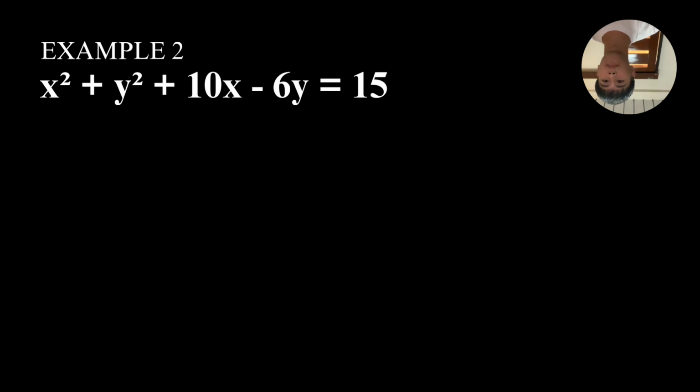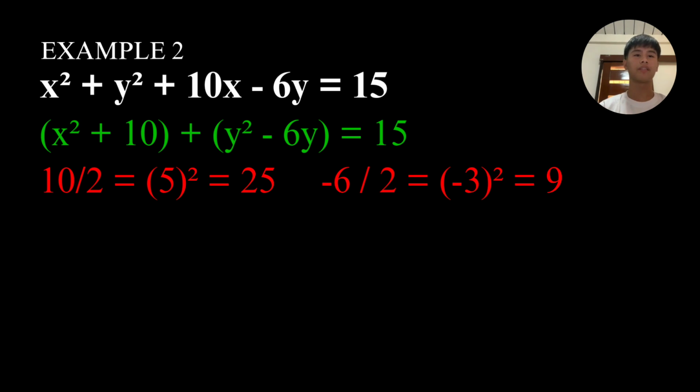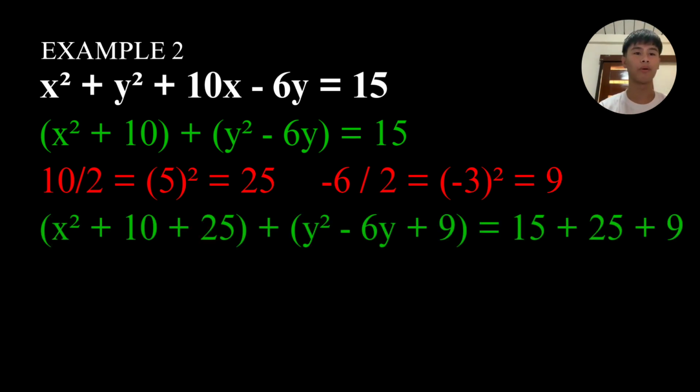For the next example, we have x² + y² + 10x - 6y = 15. First, we arrange the similar variables like the first example, but now y² also has a partner, making two binomials. Next, we find the square of the binomial of both and add the results on both sides.